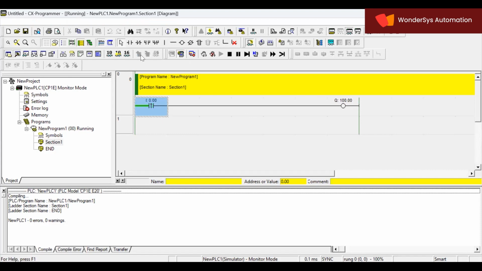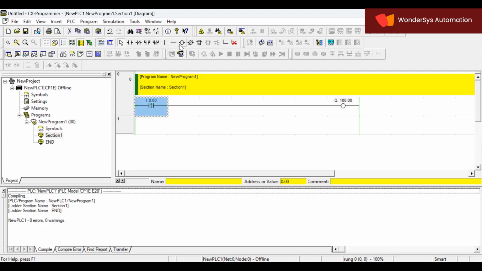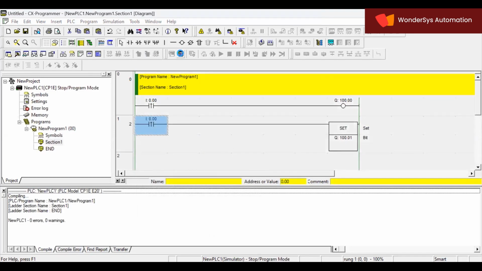Now for the same contact, I'll take a set instruction, with a switch. Even for the minutest state, even if it sees a small high condition, the set bit will get high.